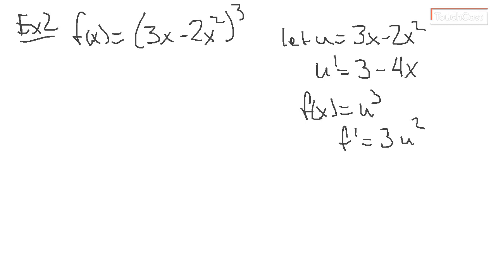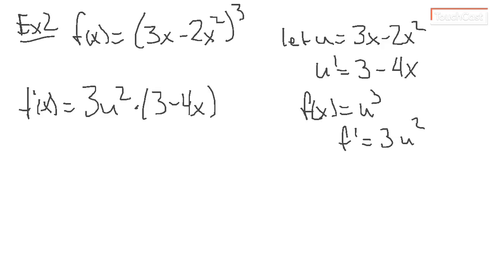Now when we're finding the derivative of this, f prime of x, we're going to take our f prime we had over on the right, 3u squared, and we're going to multiply that by our u prime, 3 minus 4x.